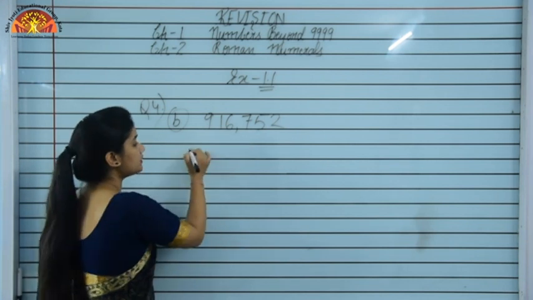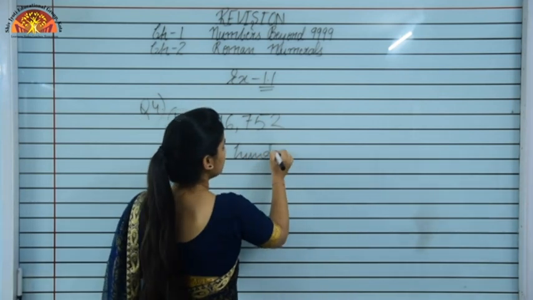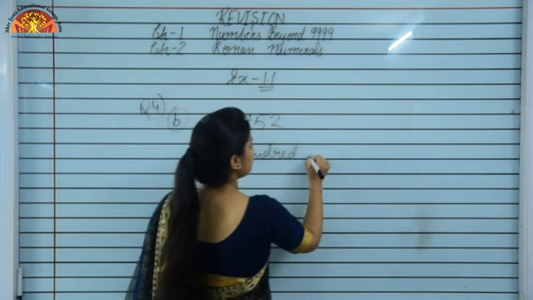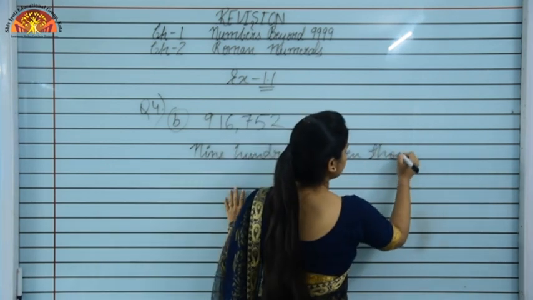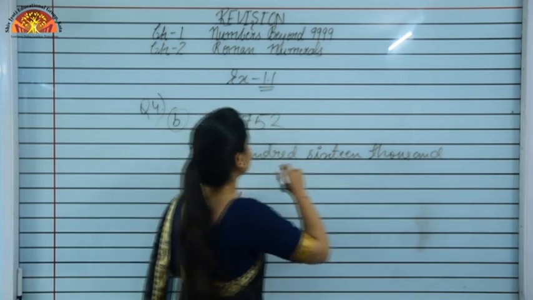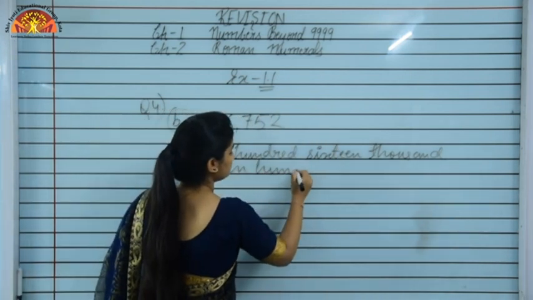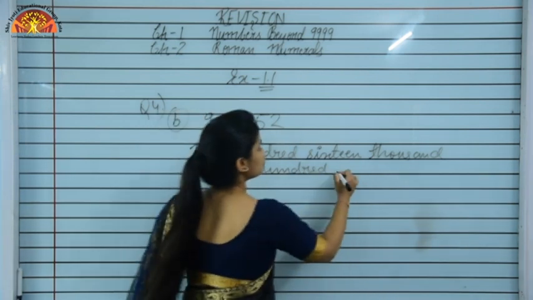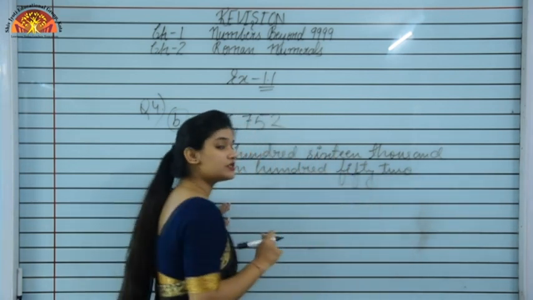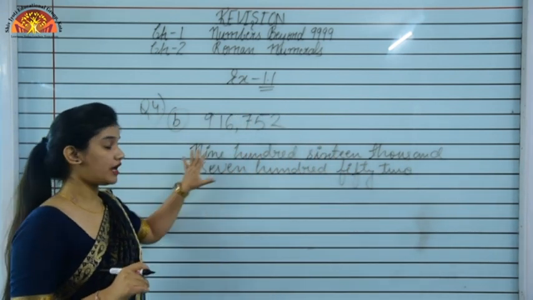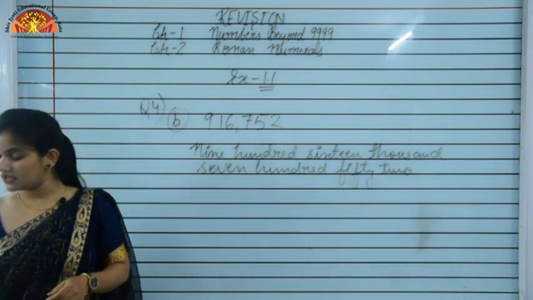So how will we read this number? 900,16,000,700,52. Understood, students? So in this way you can write the number names according to the international number system and according to the Indian number system.